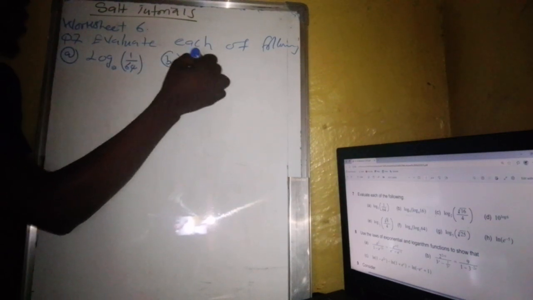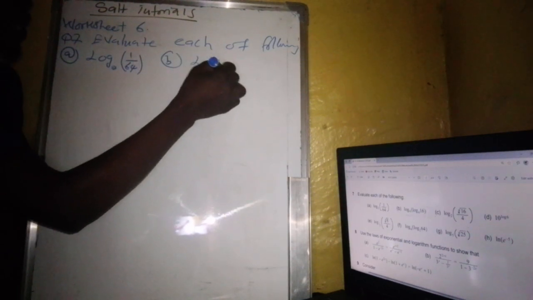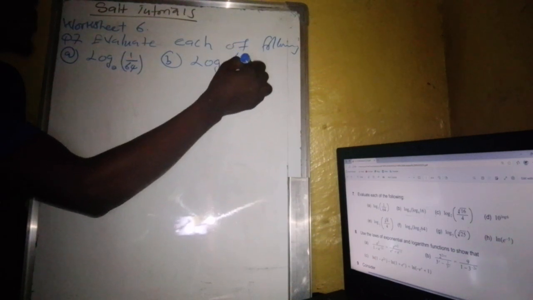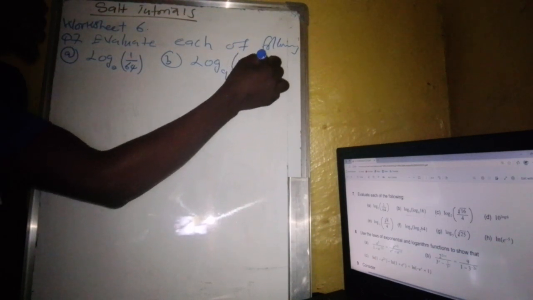The second part being log 9, inside here we have log 4/16, like that. Now when you look at this, let's start with those two based on the space.